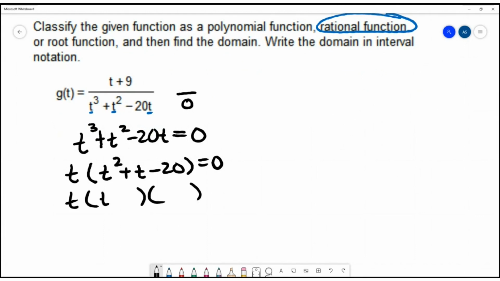T times t is t squared. 5 times 4 is 20, and we want the 5 to be positive and the 4 to be negative, so we create that positive 1t in the middle. Once we have it factored completely, we'll set each factor equal to 0.